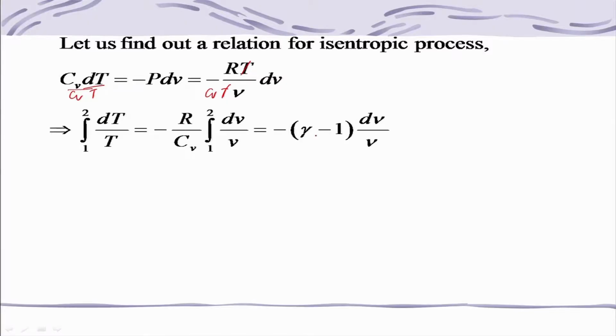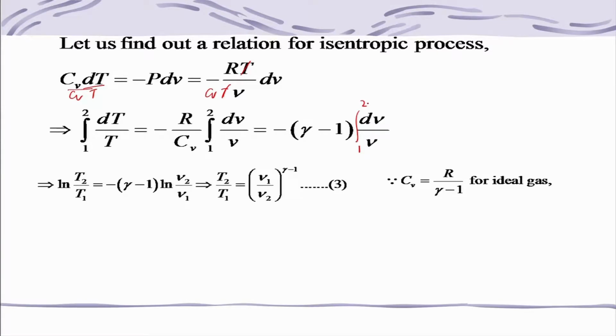Integrating this expression from 1 to 2, we get ln T2 by T1 equal to minus (gamma minus 1) ln V2 by V1, and from that we get this very commonly used expression: T2 by T1 is equal to (V1 by V2) to the power gamma minus 1. Keep in mind that the negative sign has been taken in, so that it became V1 by V2 in place of V2 by V1.